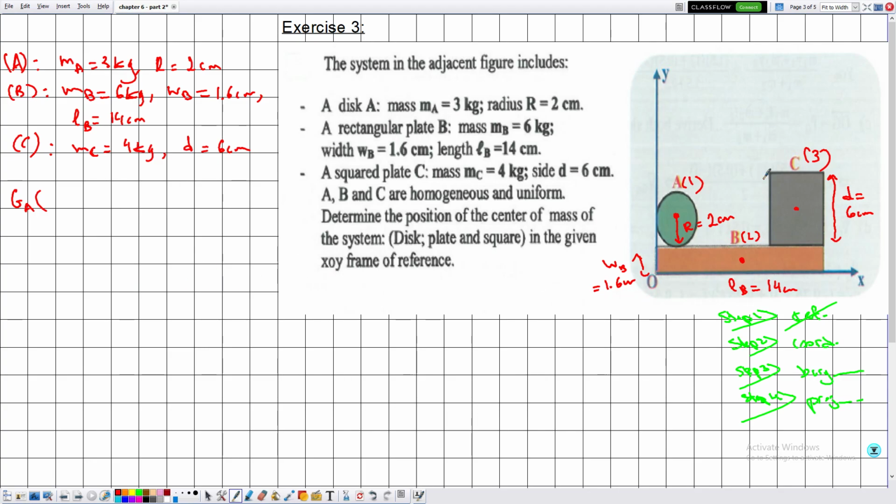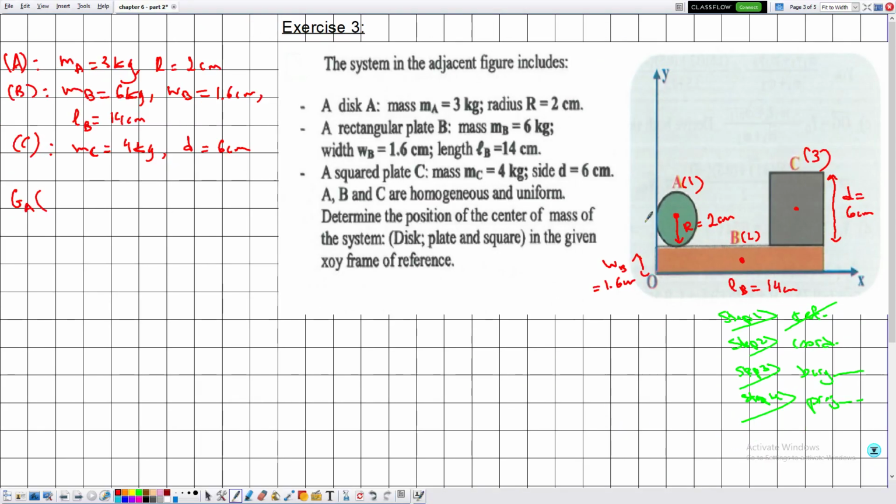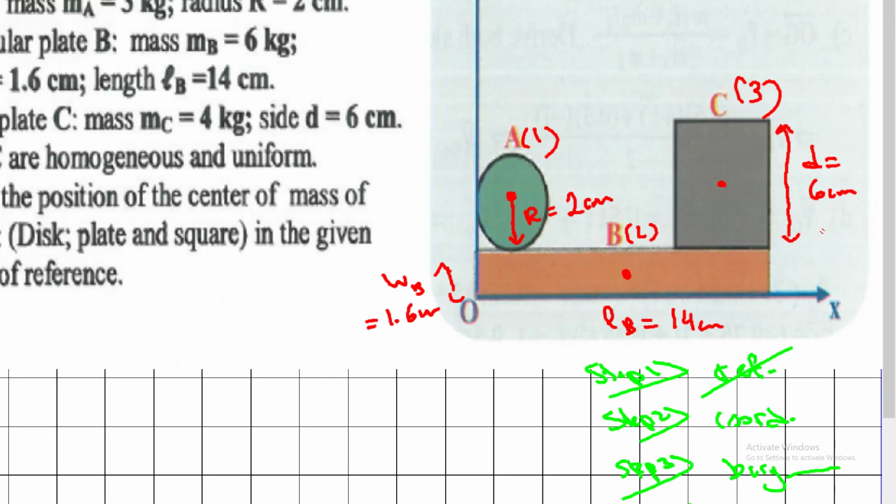So now as for GA, the abscissa of the point A is located here. So what is this distance? This distance corresponds to R. So this is given by R. Why R? Because this point has the following abscissa, which is located at a distance R from the origin. Okay, so this is R.